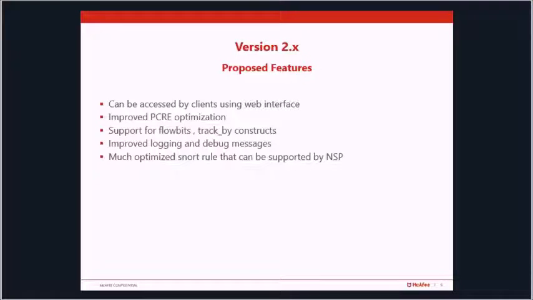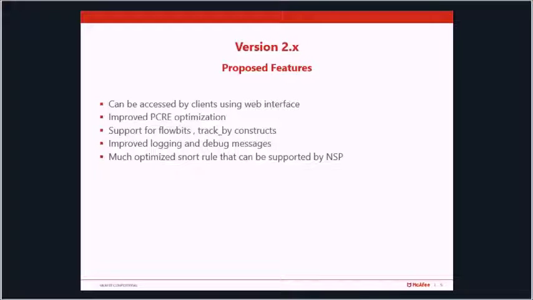In the future release of version 2.x, here are the proposed features. Version 2.x will be a much more stable release with optimized PCRE and Snort constructs. These optimized Snort rules should be imported to the NSP without any issues. Version 2.x will have a web interface so that customers can log in directly and pass their Snort rules.